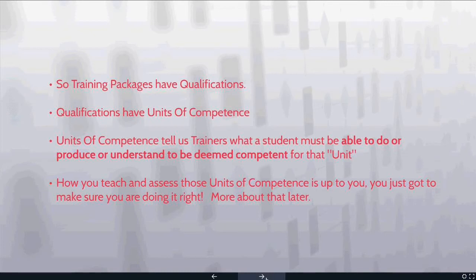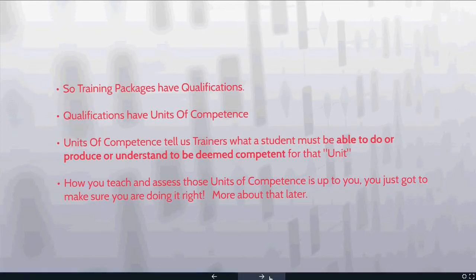So just to give you a midway recap, training packages have qualifications. Qualifications have units of competence. Units of competence tell us trainers, which you guys are becoming as of even tonight, what a student must be able to do or produce or understand to be deemed competent for that unit. And how you teach and assess those units of competence is up to you.